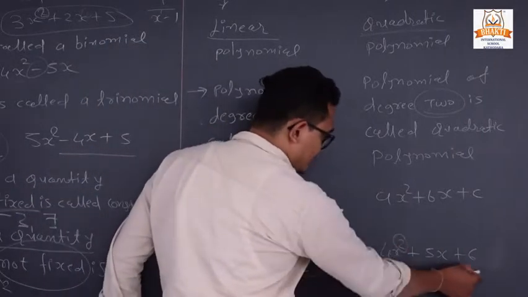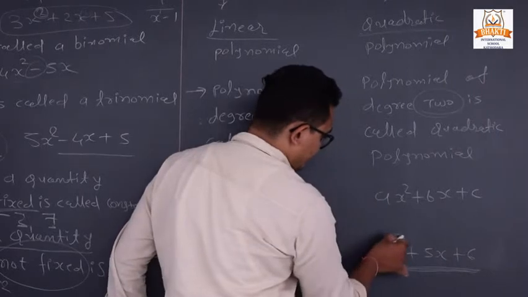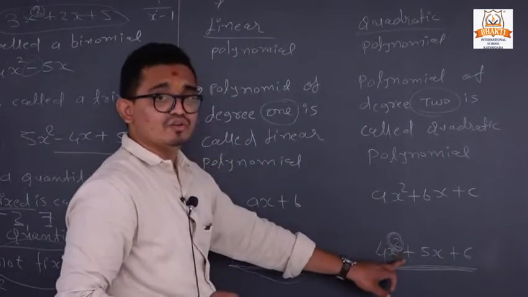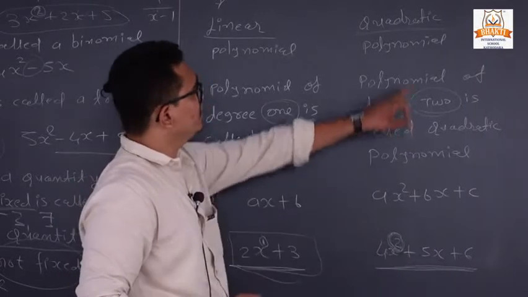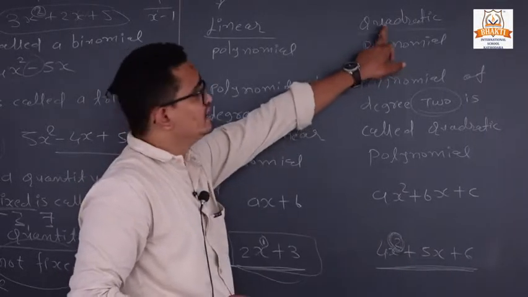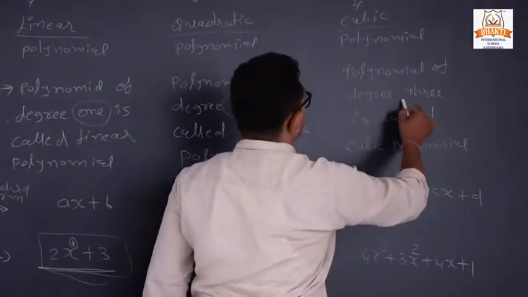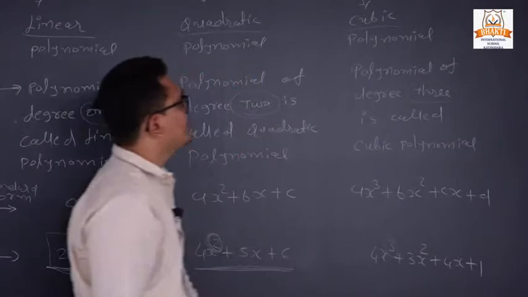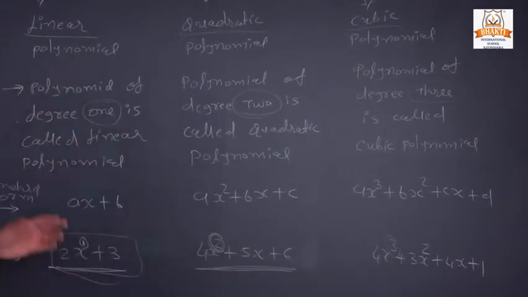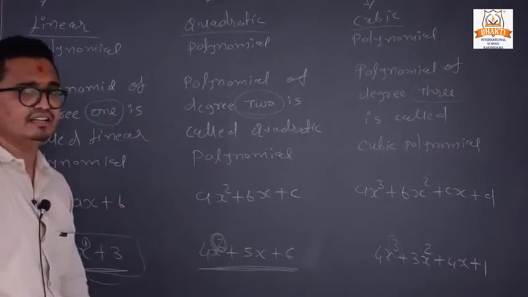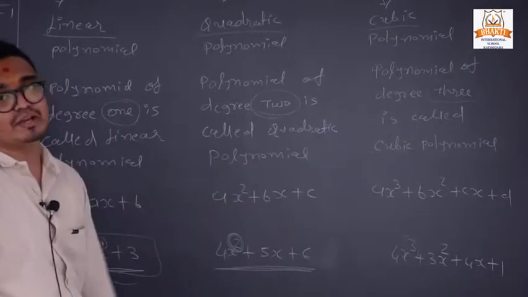Here all the algebraic expression terms have a maximum power of 2, so it is called a quadratic polynomial. Third and last type of polynomial is called cubic polynomial. If any algebraic expression or polynomial has a maximum degree of 3, then it is called a cubic polynomial.